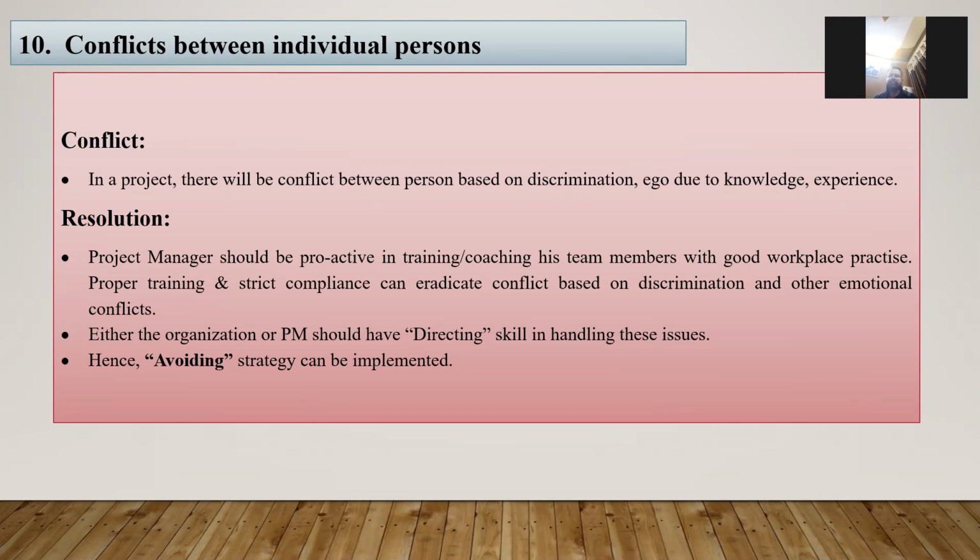First, the project manager should be proactive in training and coaching his team members with good workplace practice, proper training, and strict compliance, which can mitigate conflict based on discrimination and other emotional conflicts. Either the organization or the PM should have directing skills in handling these issues. And last, an avoiding strategy can be implemented.